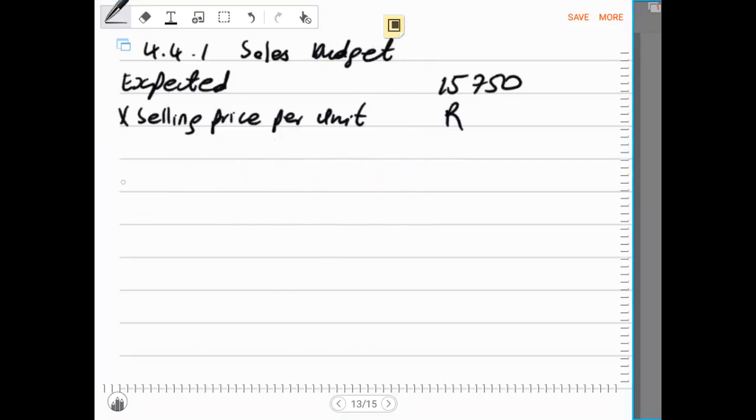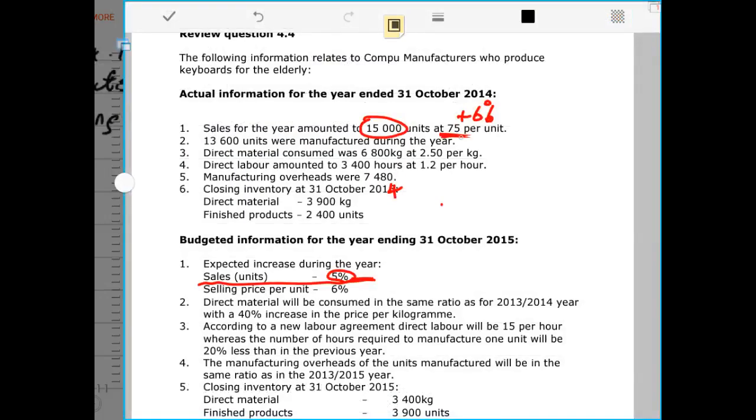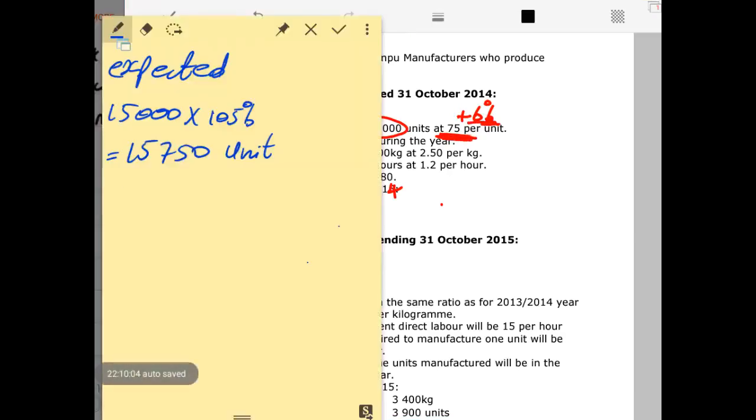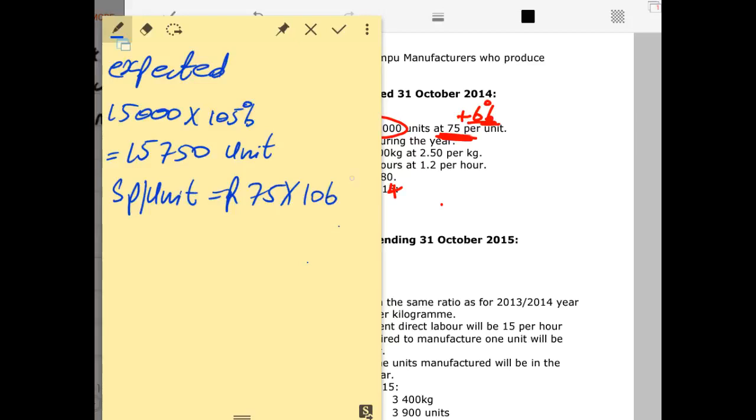And we multiply that by the selling price per unit. And remember, our selling price per unit previously was 75 rand, and it was expected to increase by 6%. So now we must also increase our selling price per unit, which was 75 rand, and we multiply that by 106%, because we are adding 6% to 100.